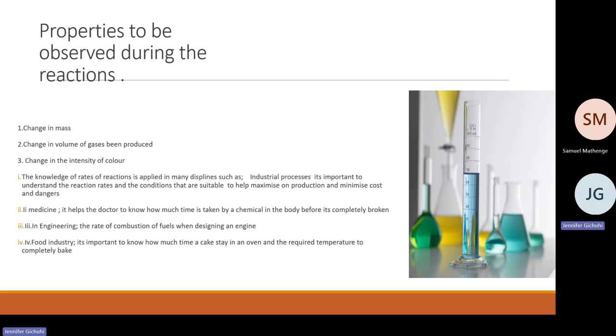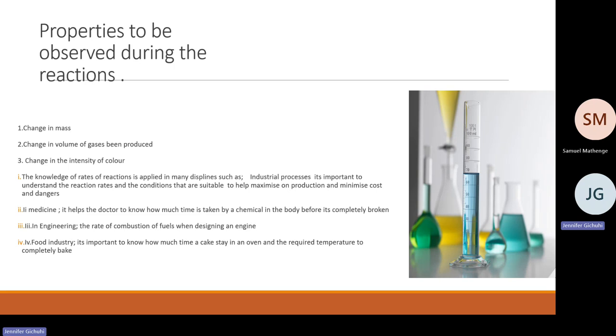If the reactants are colored, because as the reaction proceeds they are decreasing, then the intensity of the color would decrease. On the other hand, if the products are the ones that are colored, then as the reaction proceeds, the intensity of the color is going to increase.